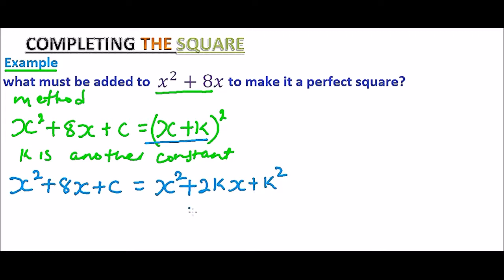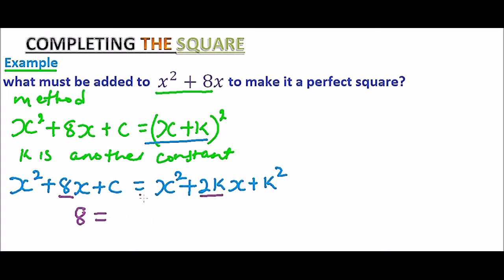That is the expression that you get when you expand (x plus k) squared. So you find that these two expressions are the same, and therefore the coefficient of x on the left hand side is 8, and the coefficient of x on the right hand side is 2k.